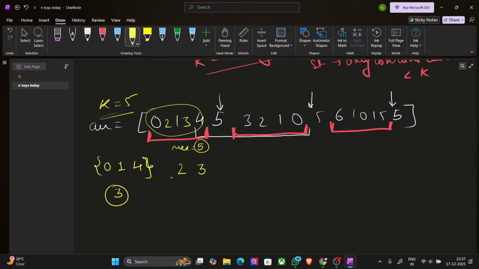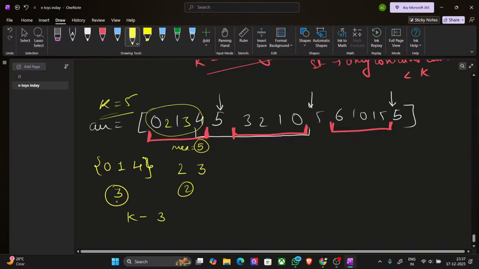So the answer there, how I calculated 2, is just k minus 3, or 5 minus 3. We can write it as k minus set size.